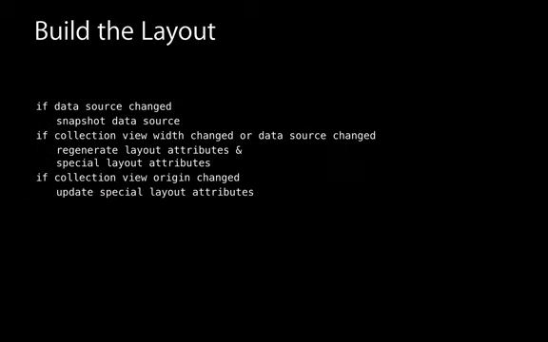Now, building a layout. Earlier today, you might have heard Olivier mention that you want to be really careful to use invalidation. And that's exactly the case. You might be tempted to build the most perfect single-pass layout engine.